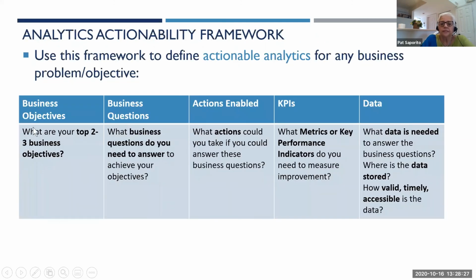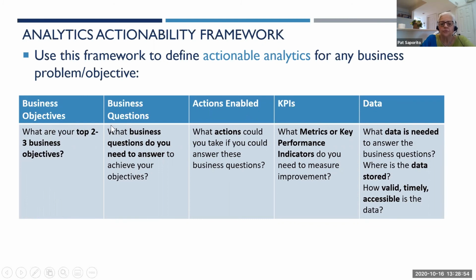So what is it? It's a very simple framework, and it really helps. Number one, we start out with your business objective, the overarching business problem that you're trying to solve. And then we look at your top 2 to 3 sub-objectives, if you will, related to that business problem.